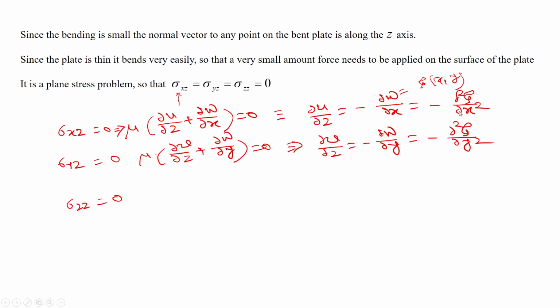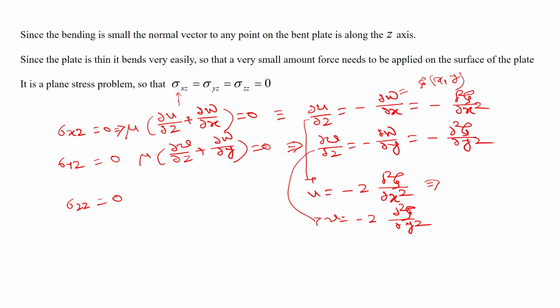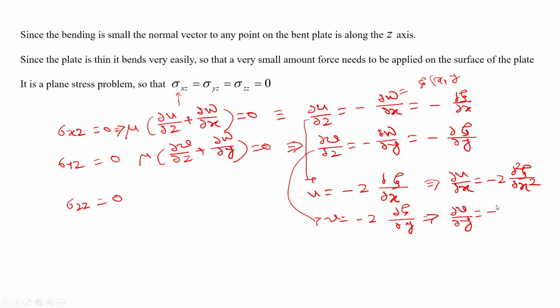So, therefore, we can write that u is equal to minus z del zeta by del x, and v is equal to minus z del zeta by del y. So, del u by del x, therefore, will be equal to minus z del square zeta by del x square, and del v by del y is equal to minus z del square zeta by del y square.